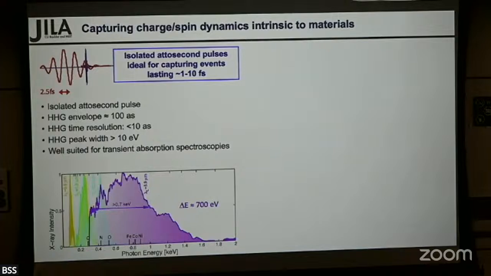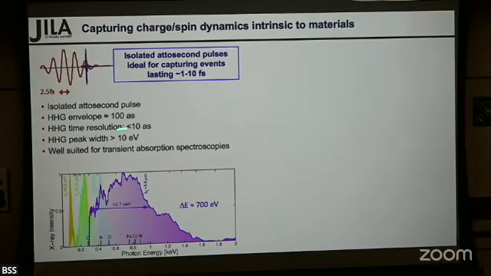So, how do you think about using it? Now, we can make these coherent supercontinua that really correspond to a single recollision of the electron with the atom. And that single recollision gives a coherent bremsstrahlung. So you get a chirped attosecond pulse. And these are great for capturing events that last between 1 and 10 femtoseconds.